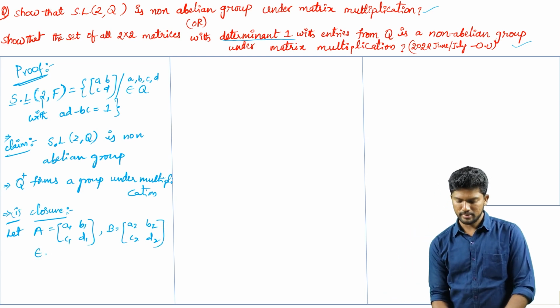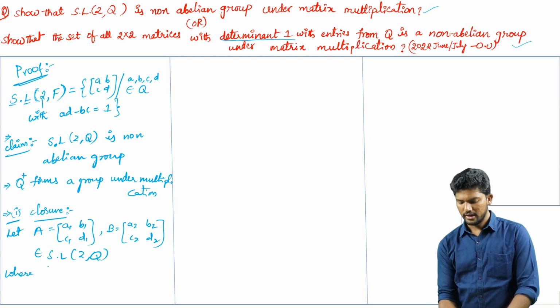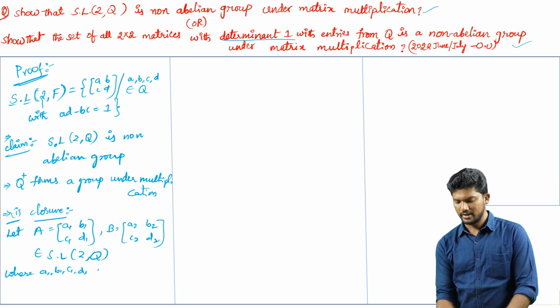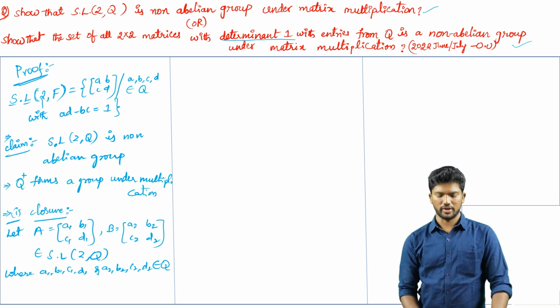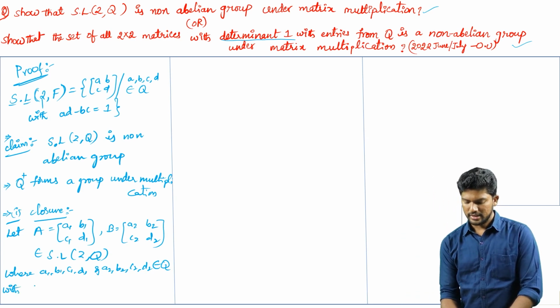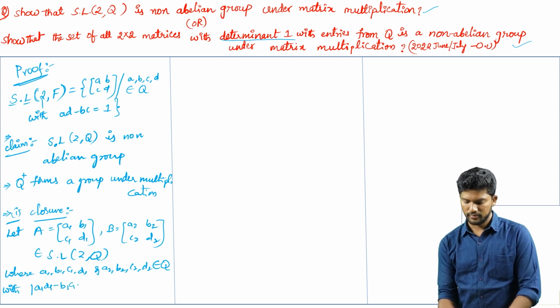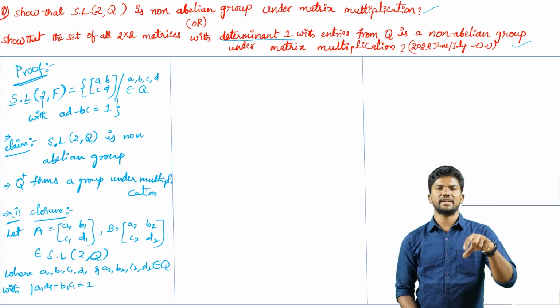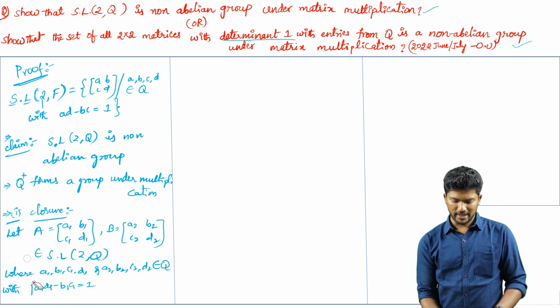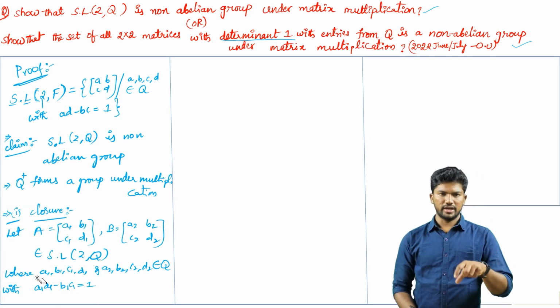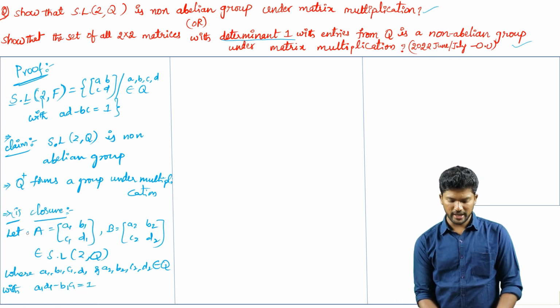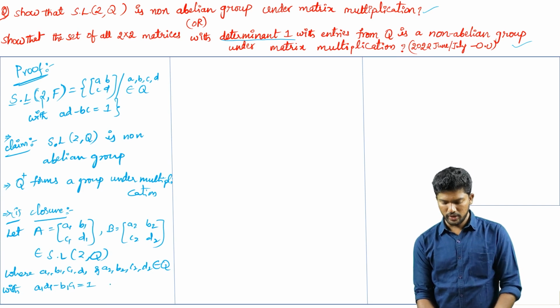These two matrices belong to SL of 2 comma Q, where A1, B1, C1, D1 and A2, B2, C2, D2 belong to rational numbers only, and with the condition that det of capital A is A1 D1 minus B1 C1 equal to 1, and det of B is A2 D2 minus B2 C2 equal to 1.